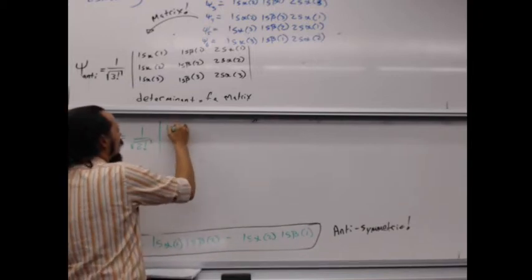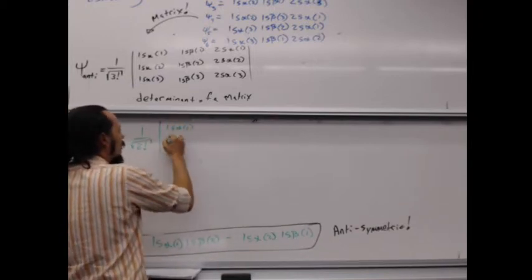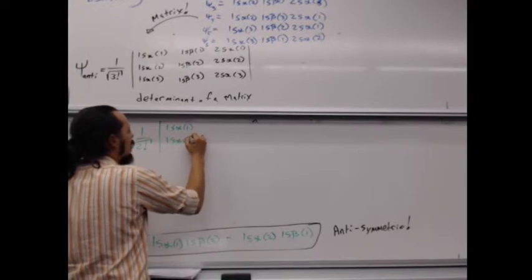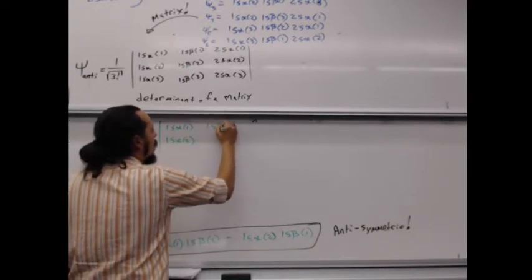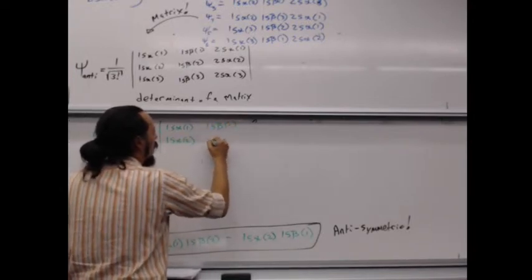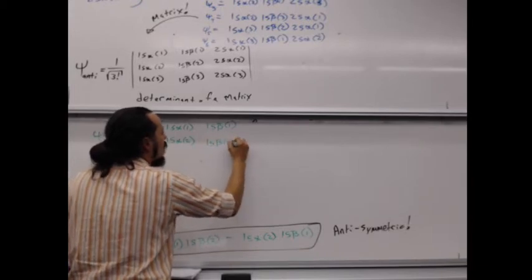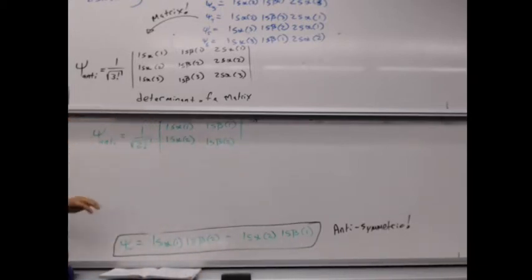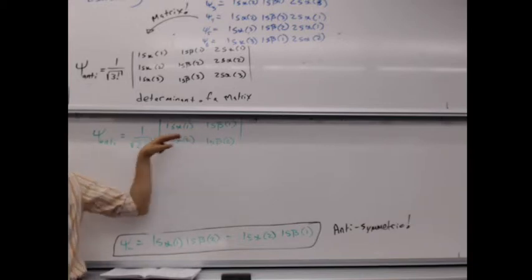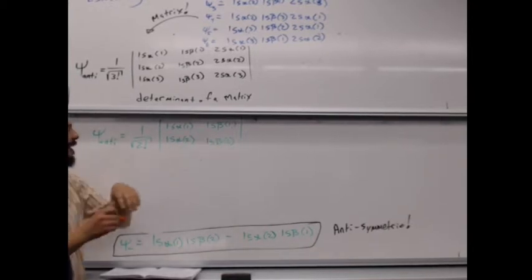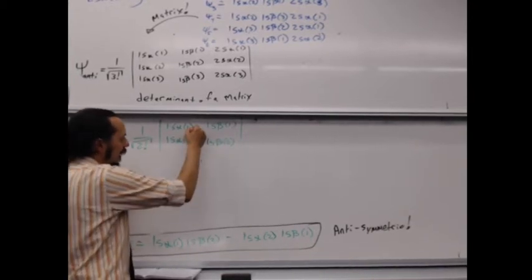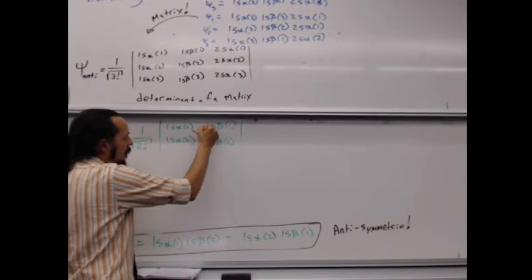I'm going to go ahead and do 1s alpha 1, 1s alpha 2, 1s beta 1, 1s beta 2. So that gives me my 2 electrons with their possibilities and their labelings changing. And if you remember, it's going to be that minus that.